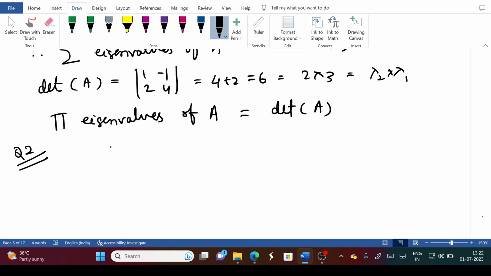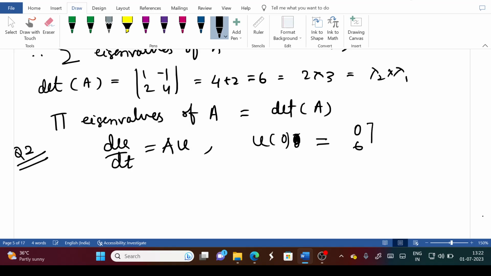So this equation is du/dt = Au, u(0) = (0, 6), and here A is the same as in question number 1, that is [[2, 4]...].